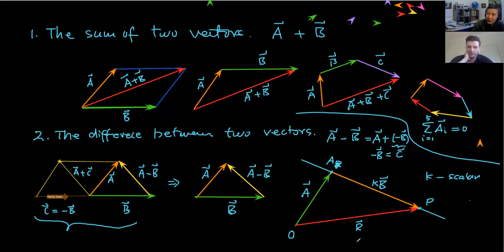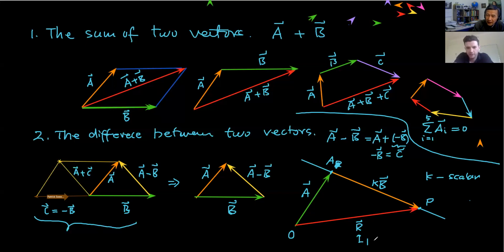So what is the vector equation for this straight line? Basically, what we need to know is R, because once R is known, it's called the position vector.